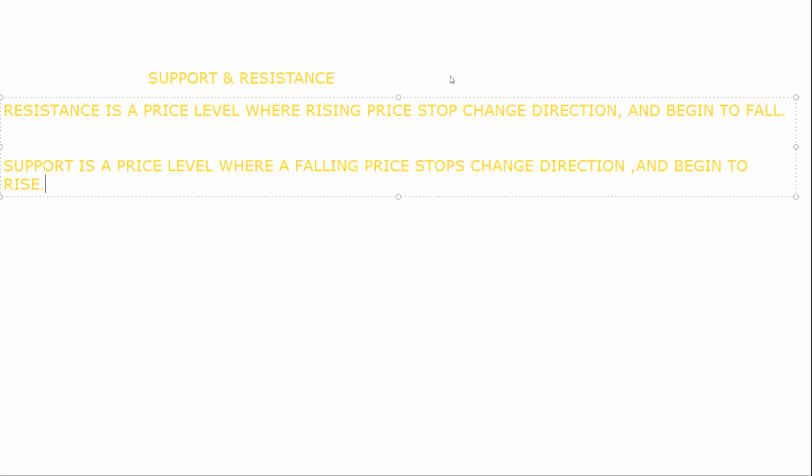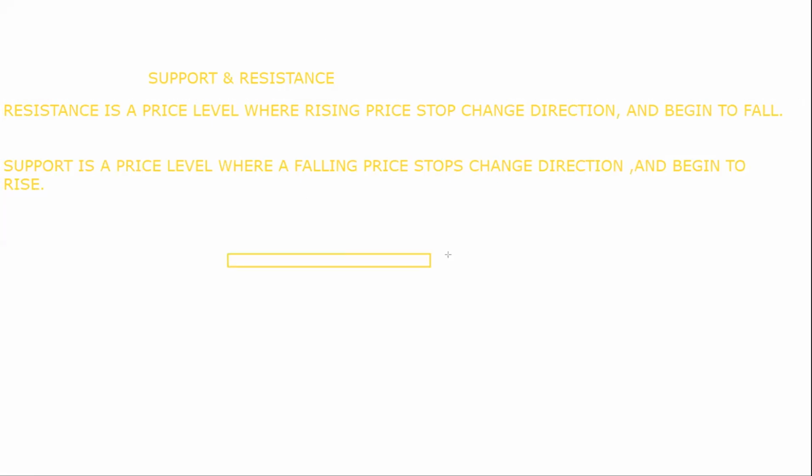These areas are created by previous historic data in which each time price got there, there was a rejection of price. So if a rising price reaches a resistance, it goes down, and if a falling price reaches a support, it goes up.